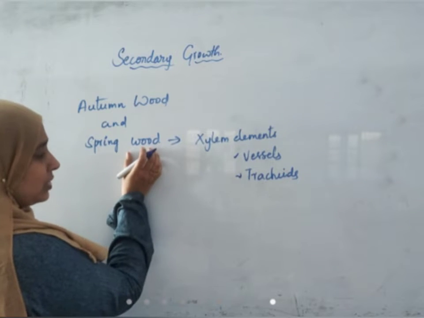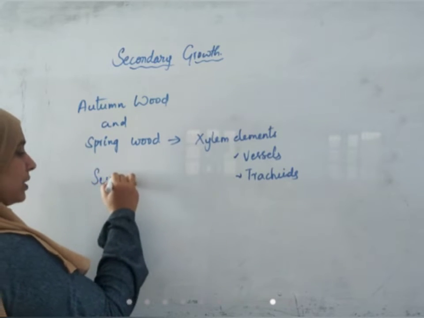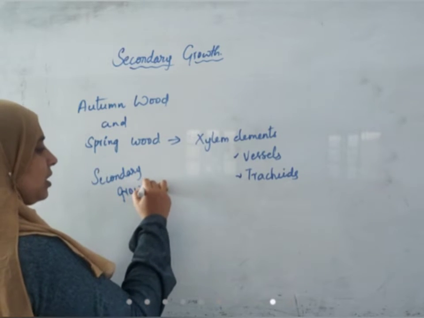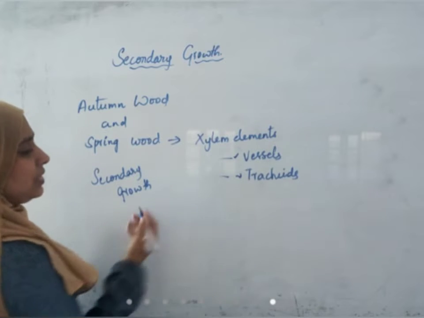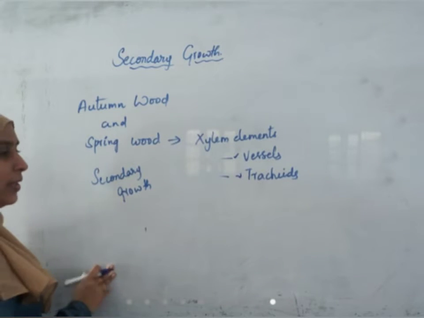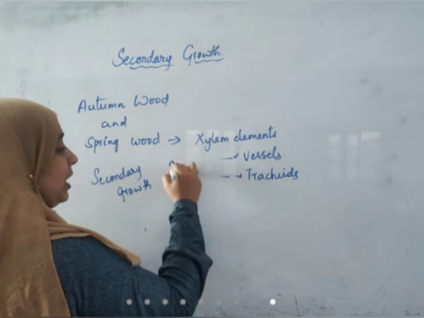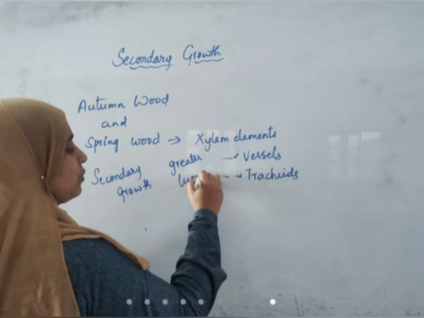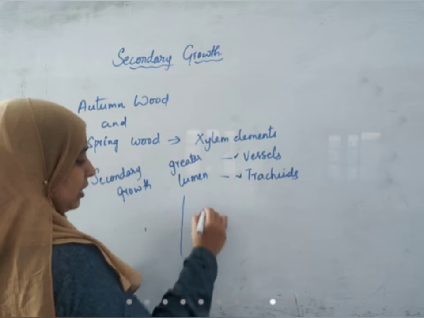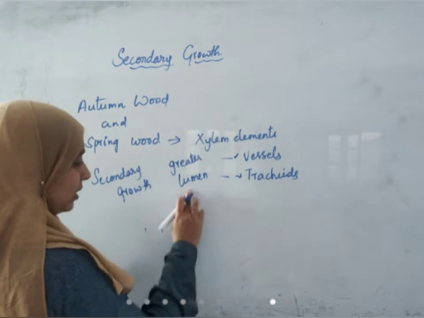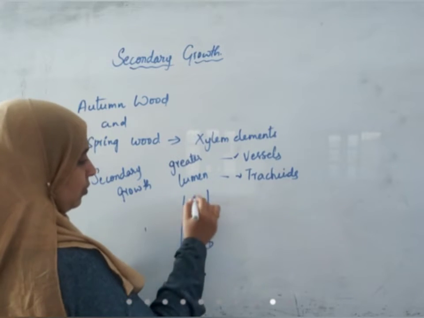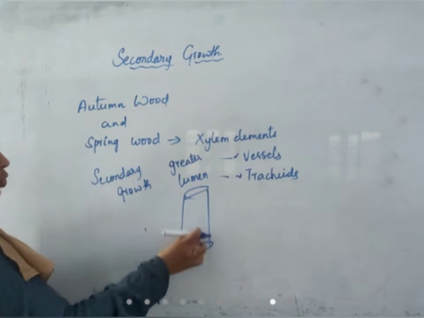The wood that is secondary growth occurring during the spring season has vessels and tracheids that are very fresh looking, with greater lumen, that means the inner space will be more. In the case of vessels it will not be narrow like this, it will be wider, so this space is more.